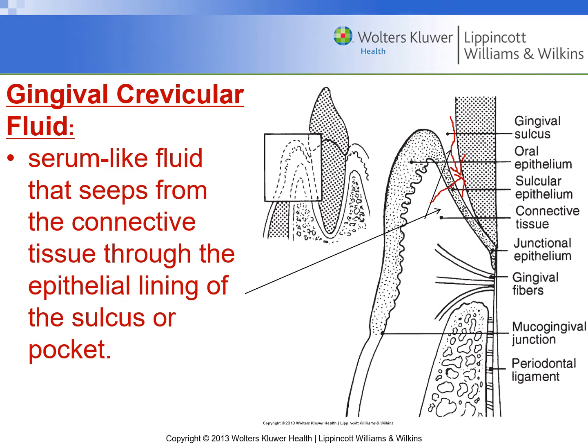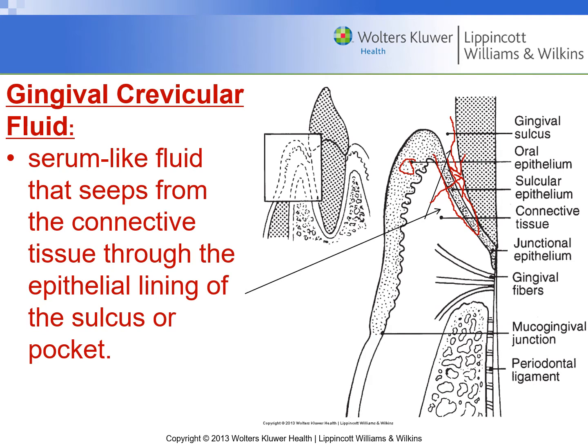Here's the oral epithelium. It's the tissue on the outer side of your papilla. And here's the sulcular epithelium, which is down in the sulcus. So that's easy to remember: on one side of this sulcus or pocket has to be the sulcular epithelium. The other side is the tooth.